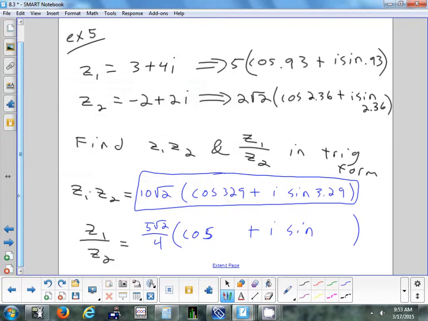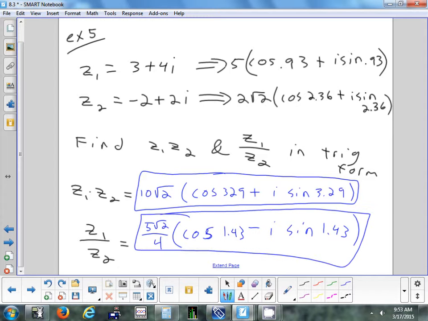Okay, that's negative 1.43. Okay, what I'm going to do is this. I did two things. First of all, I had a negative angle on a cosine. We said that a negative on a cosine can just go away. The negative on the sine can't go away, but it can go in front. So I simplified that at the same time. And that's your final answer.